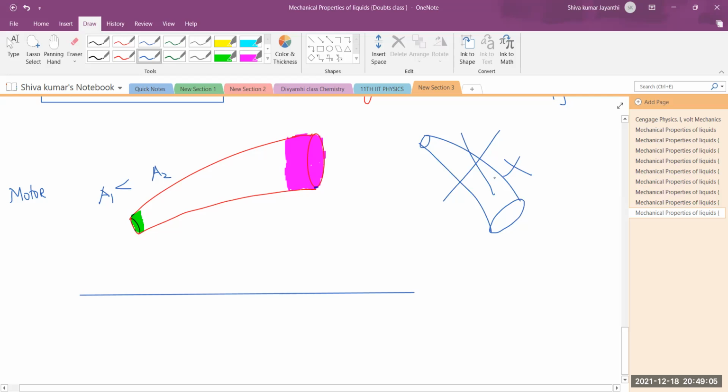See, I'll tell you why. Because what is the base of Bernoulli's equation? What are we trying to prove? In Bernoulli's equation, our aim is to find out the work done by the external motor to push a fluid through a pipe.